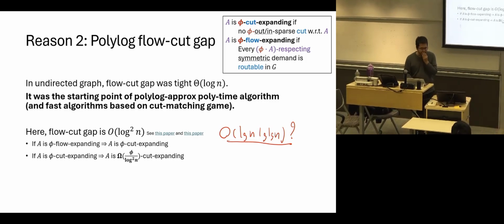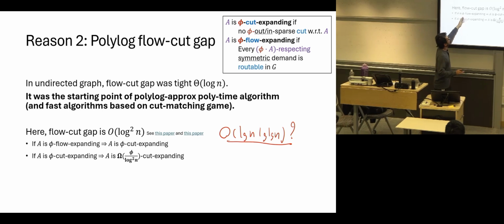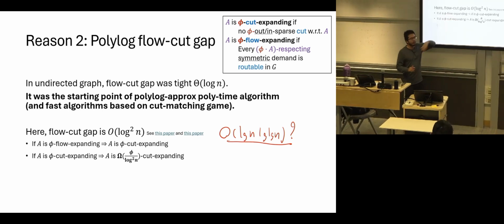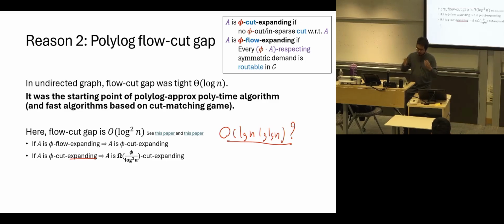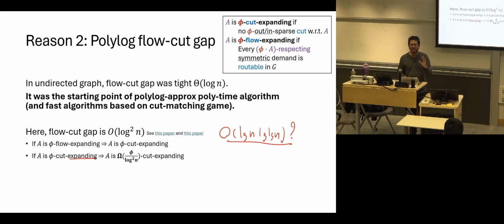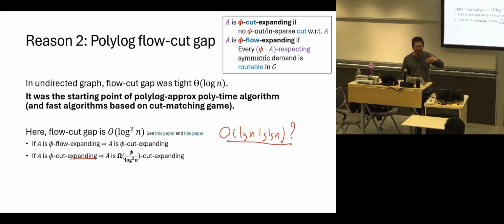And once we have this, we can at least get a polynomial time algorithm to approximate cut expansion, and we're also going to see roughly how the cut-matching game that we learned about can be generalized to the directed graph under this notion.